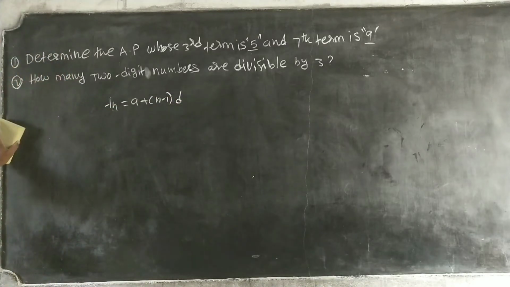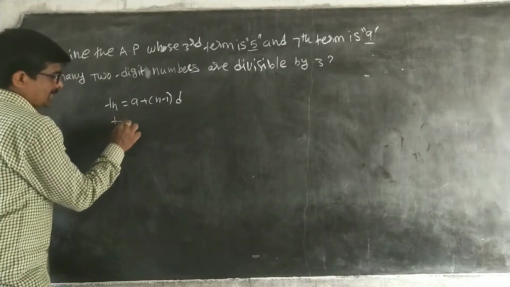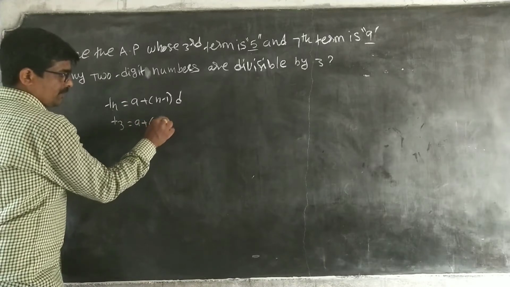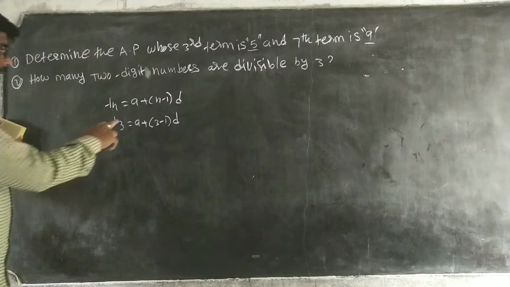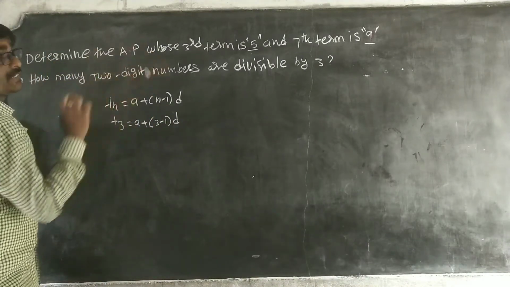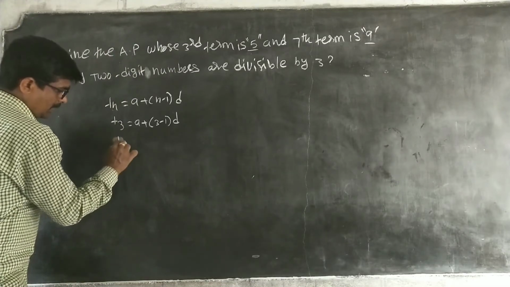Given the third term, T3 is equal to a plus (3 minus 1) into d, that is a plus 2d. We don't know d, we have to find a and d. Next, the seventh term is 9.